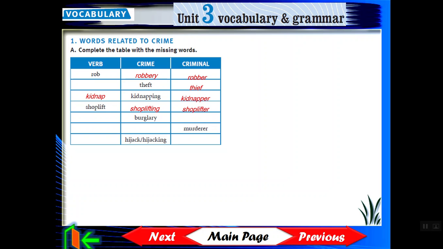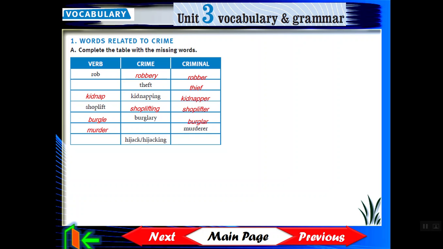The next word, if you can see the crime, burglary. Burglary, the verb burgle. And for the criminal, it is burglar. And the next word, we have the murderer. So the verb from murder, murder.